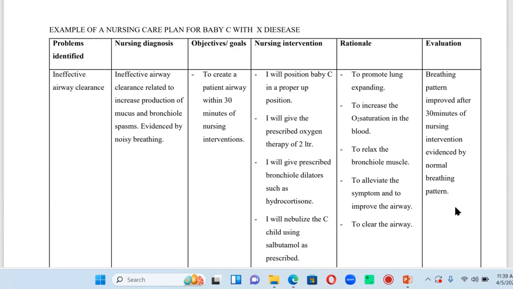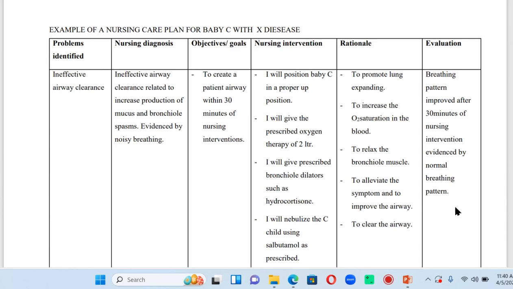So 30 minutes, it has to be time bound. There is a time frame that we have put, making sure that as we are giving our interventions, we work towards our goal, and our goal is to make sure that the airway is cleared.